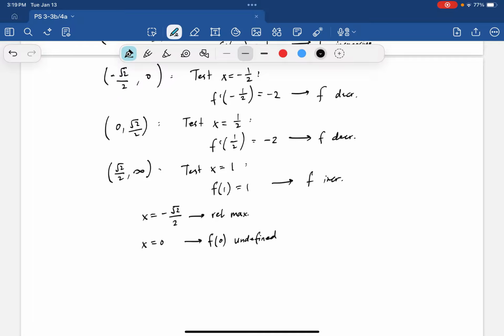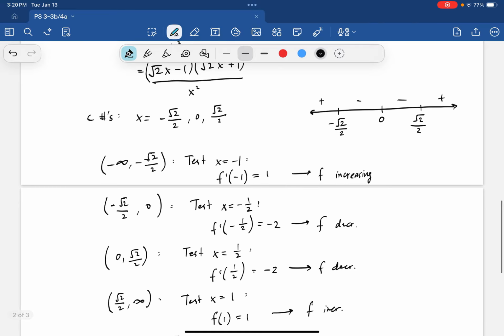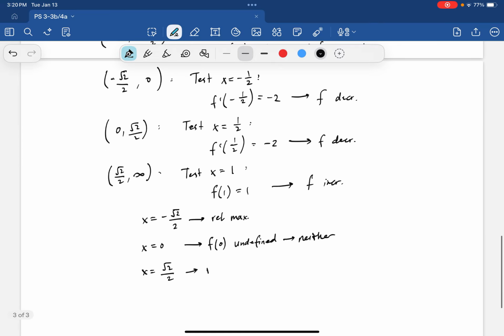It makes the denominator equal 0. And so this is neither. And for x equals positive root 2 over 2, we have a relative minimum.